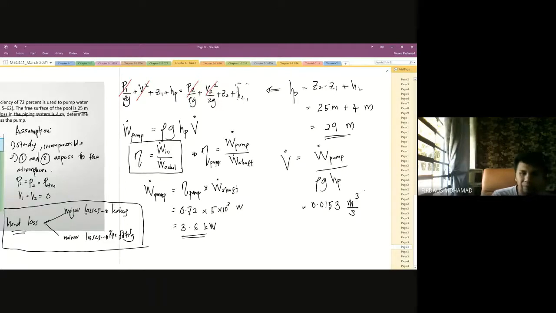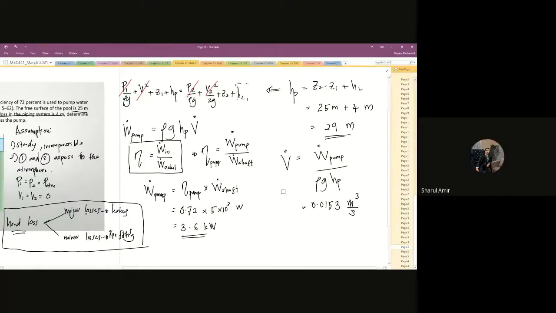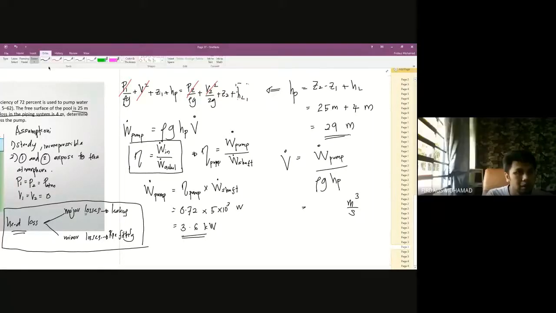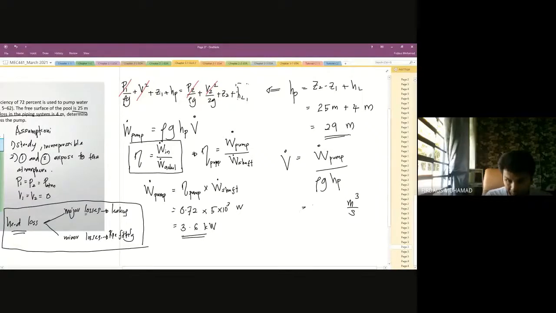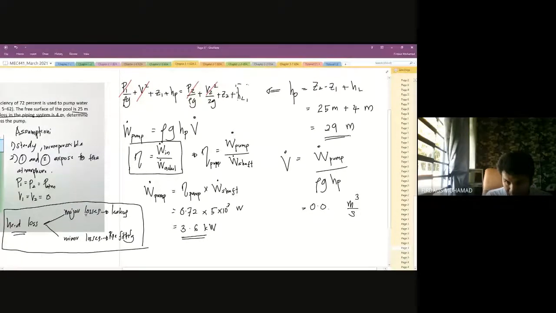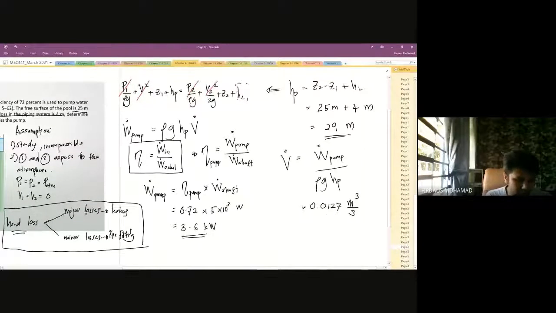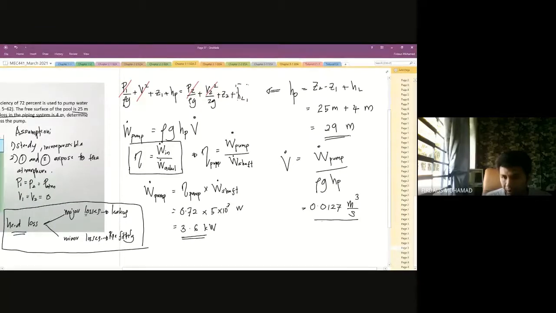Betul. Saya silap. 0.0127 meter cube per second.